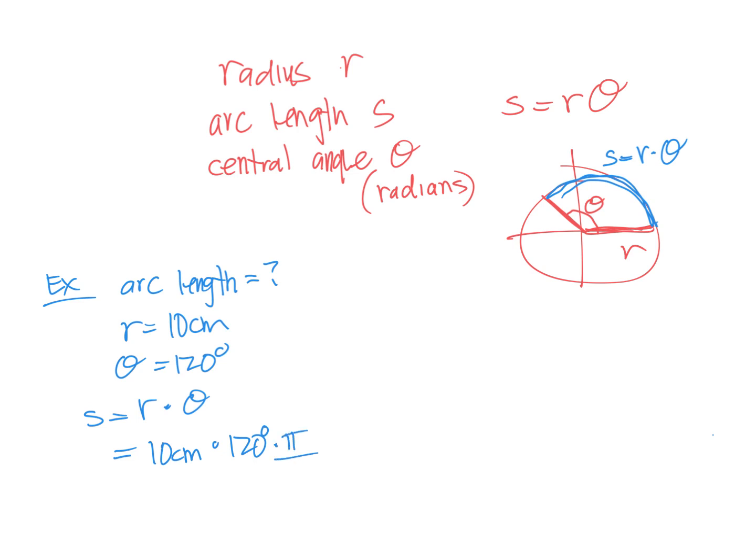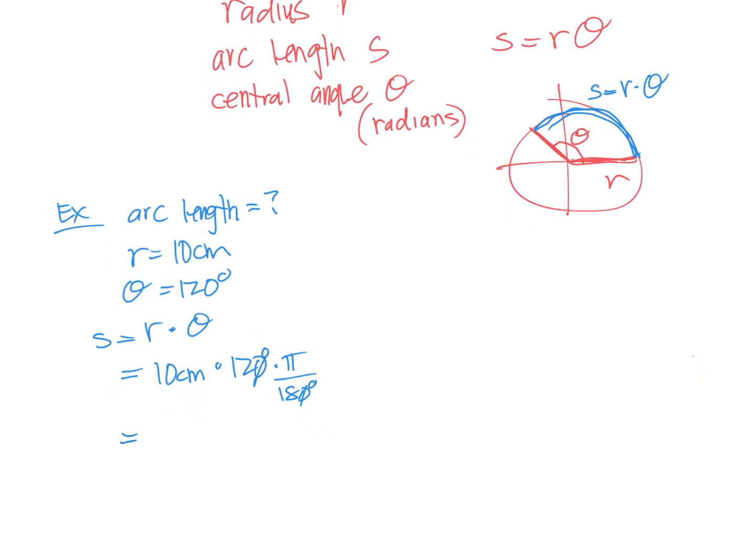So 120 times pi over 180. 120 over 180, we can divide by 10, and then 12 over 18, 6 goes into 12 twice, 6 goes into 18 3 times. Then multiplying by 10, we end up with 20 pi over 3 centimeters, and that's the arc length.